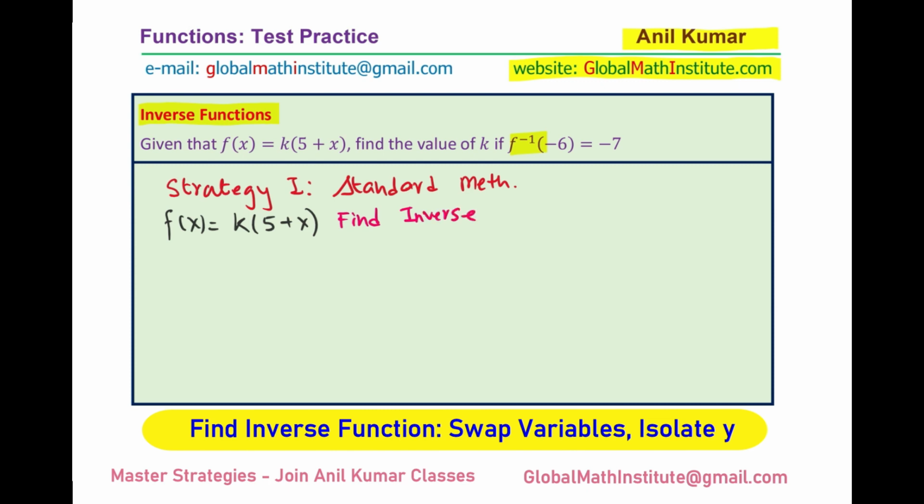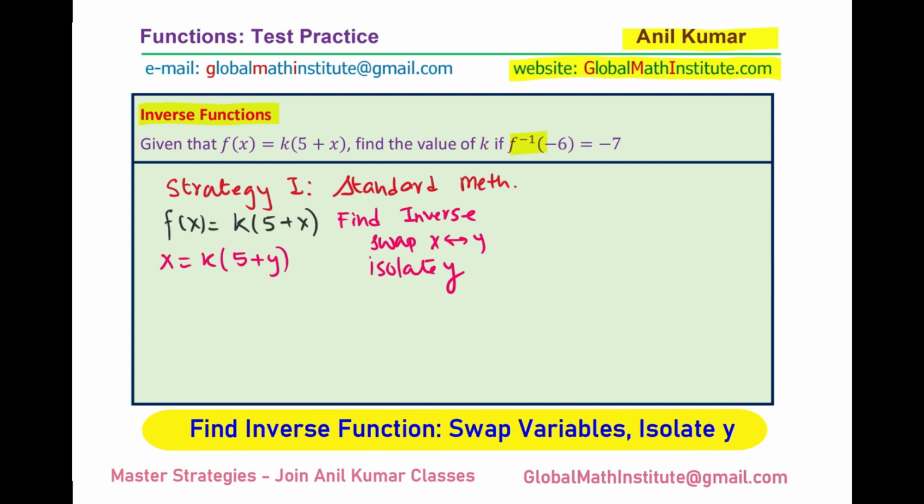To find the inverse, the first step is to swap, meaning x becomes y and y becomes x. So we write x equals k times 5 plus y, and then isolate y.